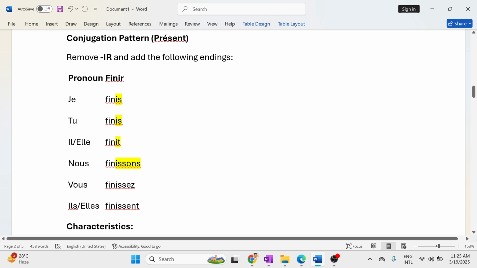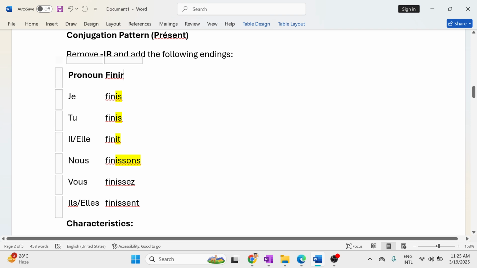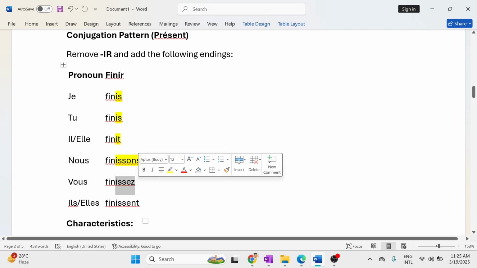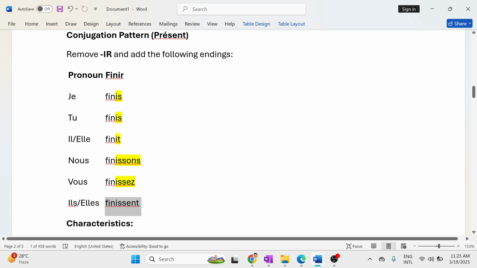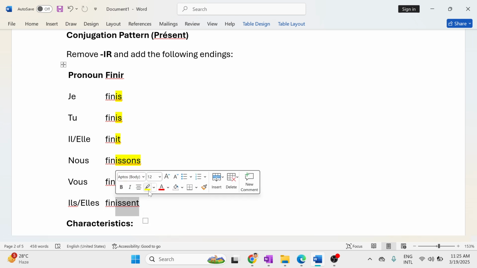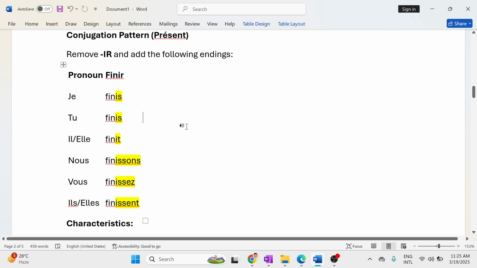So whoever said that ISSONS is the ending, that is the correct answer. And the same for finis. Endings are quite regular. Just let me highlight it. So once you remove IR, you get the stem already.